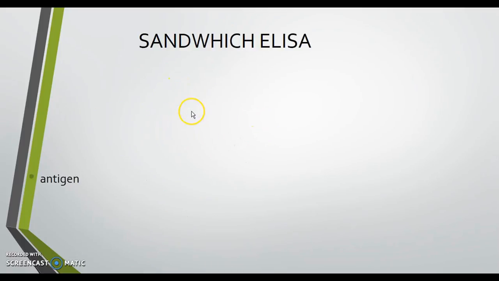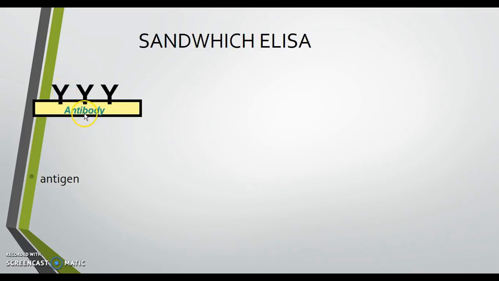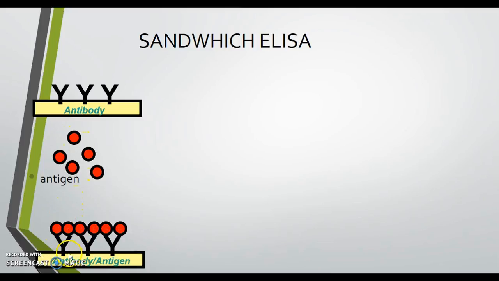Sandwich ELISA. In sandwich ELISA, as the name implies, it is like two antibodies having an antigen in between them. This is the antibody, or the primary receiver. The primary antibody will form a complex after mixing with the antigen, forming the antibody-antigen complex.